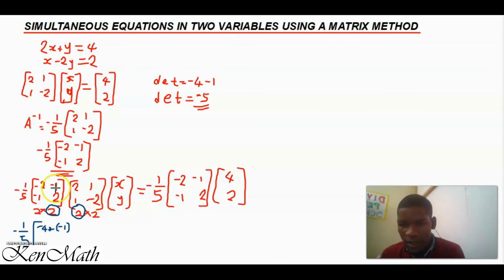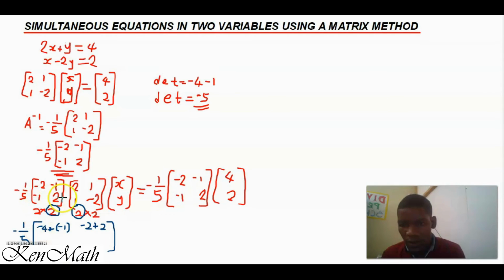And then to the other side, we multiply by column again, -2 multiplied by 1, it gives us -2, and then plus -1 multiplied by -2, it's positive 2. So it gives us +2, and then we close the other side.